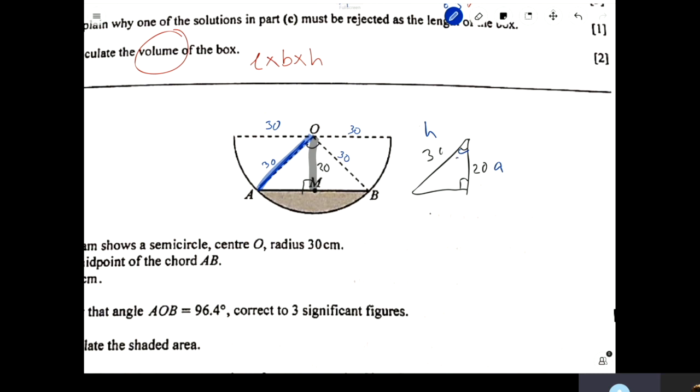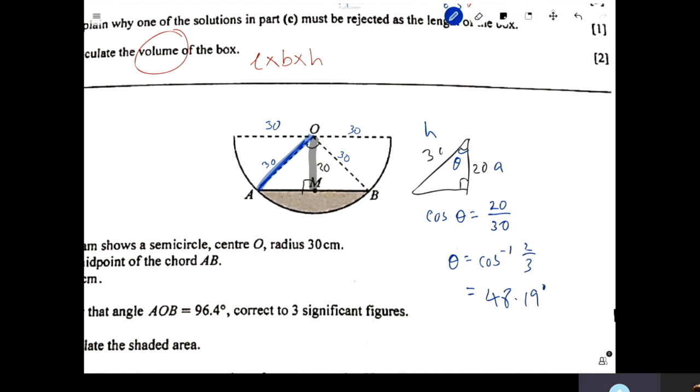Cosine. So cosine theta equals adjacent over hypotenuse. Theta equals cosine inverse of 2/3. Cosine inverse 2/3 gives 48.19.